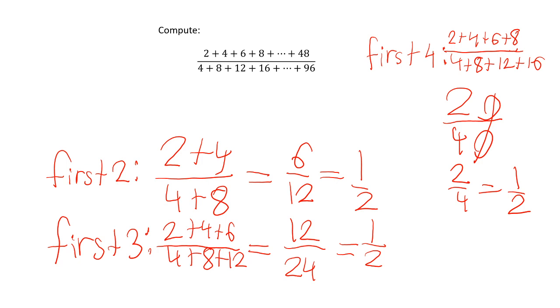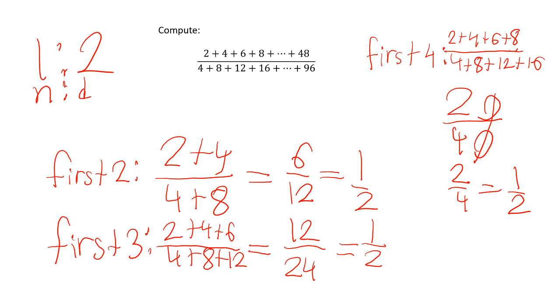I'm going to show you, before we finalize our answer, what's really happening here. Every single time we're adding in, we have a multiple of 2 over a multiple of 4. And no matter what we get, as you can see, this is 8 and 16. It's always going to be in the ratio 1 to 2, with this being the numerator and this being the denominator of this arithmetic sequence.